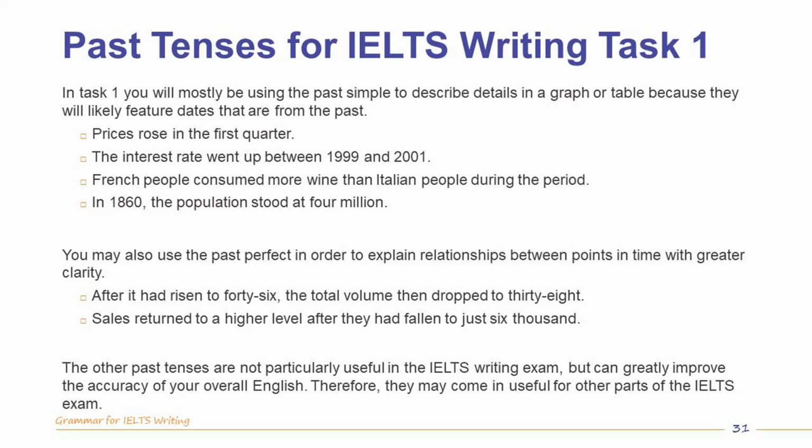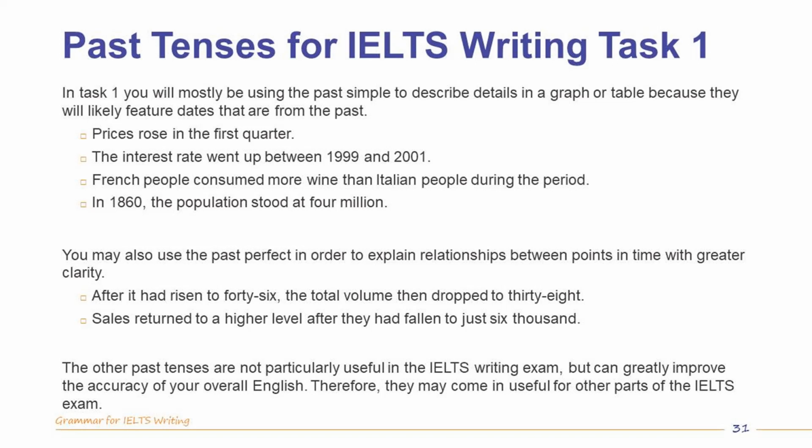You may also use the past perfect in order to explain relationships between points in time with greater clarity. As we discussed previously in the past perfect section, this tense shows an action that occurred prior to another action in the past. Here are some examples. After it had risen to 46, the total volume then dropped to 38.